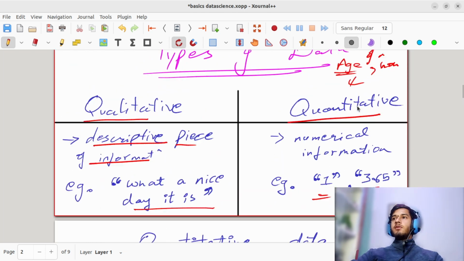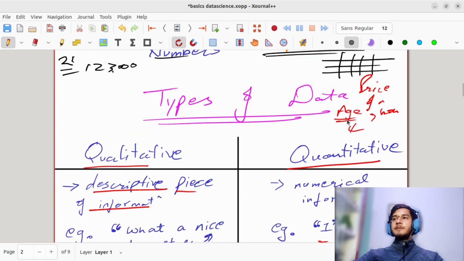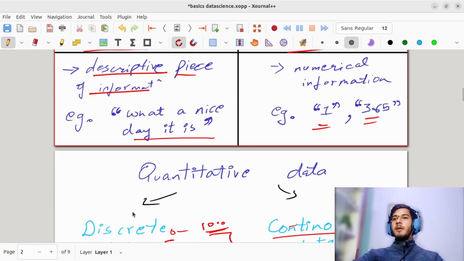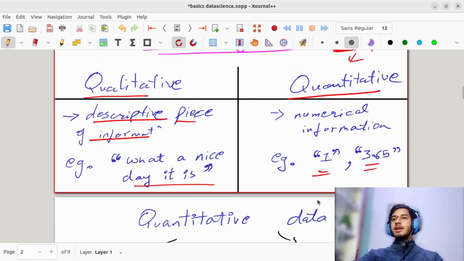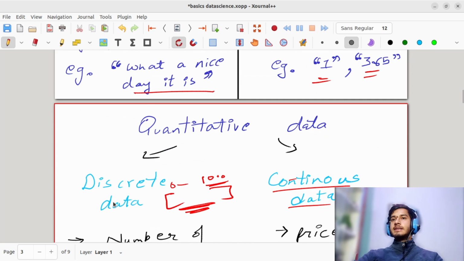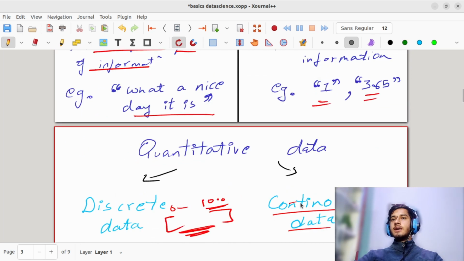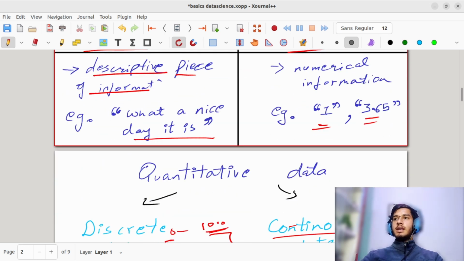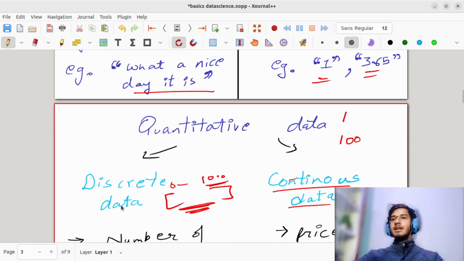So tell me, what kind of data is age? It's quantitative. Yes, it is quantitative, but between discrete and continuous data, what would you classify it as? Continuous? I think, again, we are talking about age. Age will be like 1, and it can be at most 100. So discrete, exactly, right?